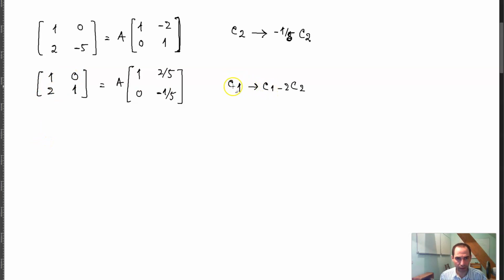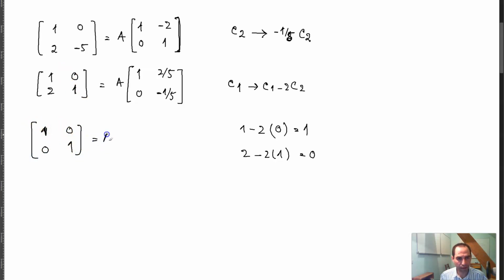So I write this as column 1 becomes column 1 minus 2 times column 2, and that would give me a 0 over here. So column 1 becomes 1 minus 2 times 0, which is equal to 1, and 2 minus 2 times 1 is equal to 0. So this becomes 1 and 0, and column 2 doesn't change.